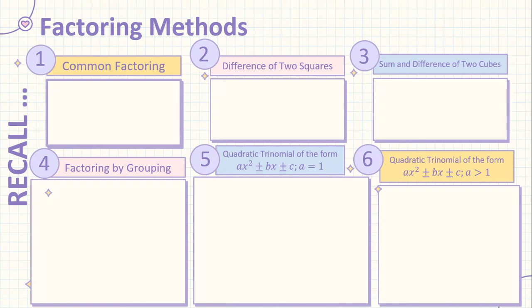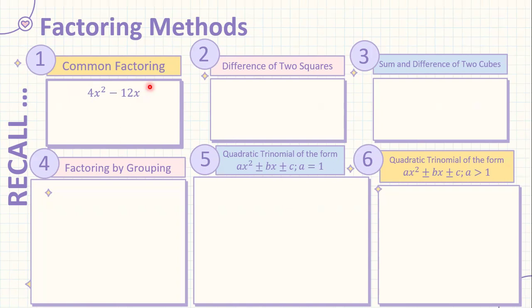The first one is common factoring. If we have the expression 4x squared minus 12x, we can determine the common factor. What is the common factor? The common factor is the factor found in both 4x squared and 12x.